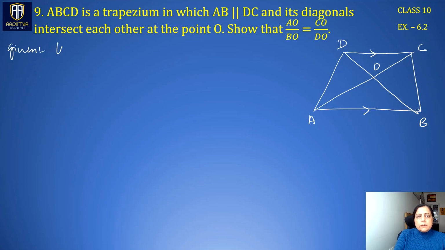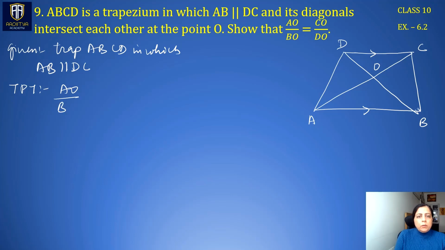So given is trapezium ABCD in which AB is parallel to DC. That is all we have been given. To prove that AO upon BO is equal to CO upon BO.